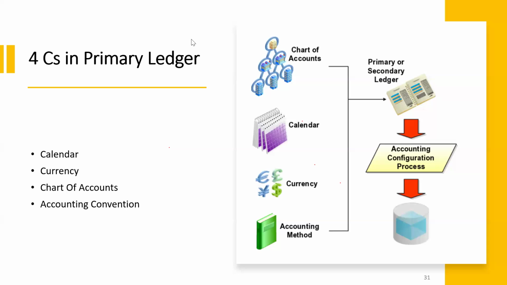Whether HCM level, PPM level, SCM level, procurement level, or projects, this is core. Enterprise structure is core. If you are creating purchase invoices, doing payments, creating sales, doing receipts, or doing a reconciliation process, everywhere you see the same chart of accounts and the same segments. Whatever transaction you are doing in your organization is linked with this chart of accounts.